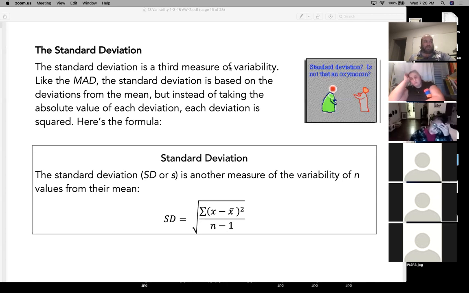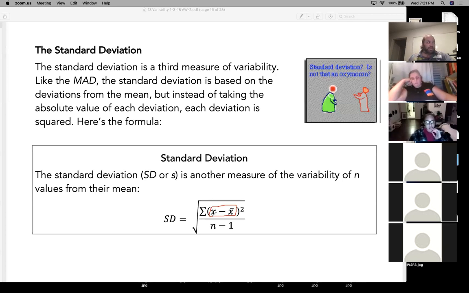It sounds a little complicated, but it's just following the formula. The first thing you do is you calculate the x minus x bar. This part tells you how far each one is from the mean, exactly like the mean absolute deviation. In the case of the mean absolute deviation, what did we do?